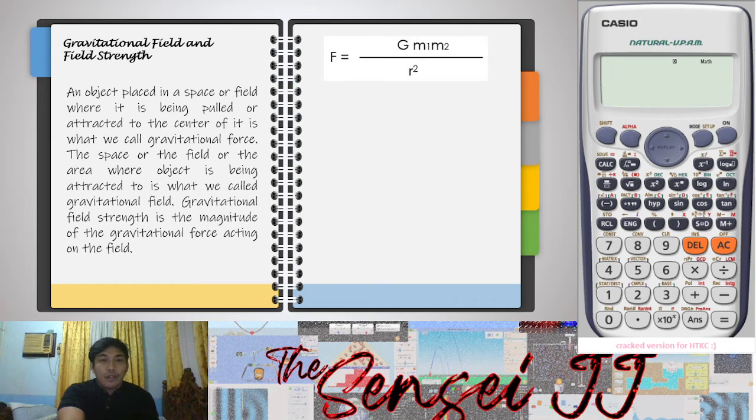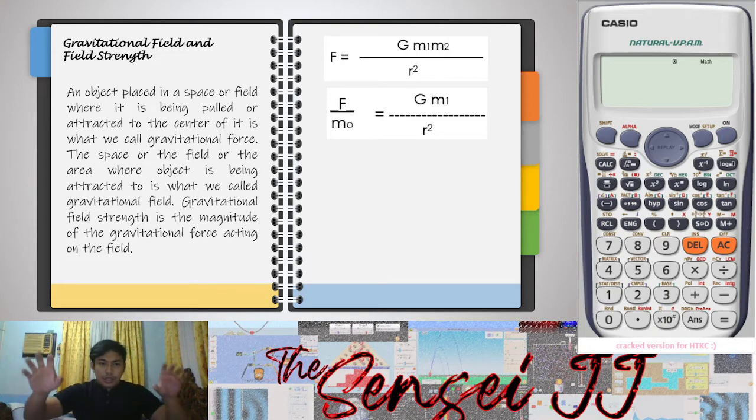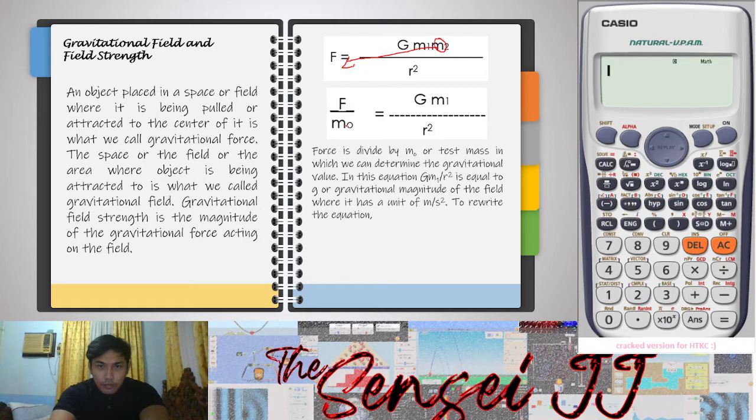So we have a formula here: F equals G, the gravitational constant, multiplied by mass 1, mass 2, all over r squared. Let's cross multiply. We just move mass 2 to the denominator of our F. So force is divided by the test mass, m0, with which we can determine the gravitational value: G m1 all over r squared is equal to g, or the gravitational field magnitude.